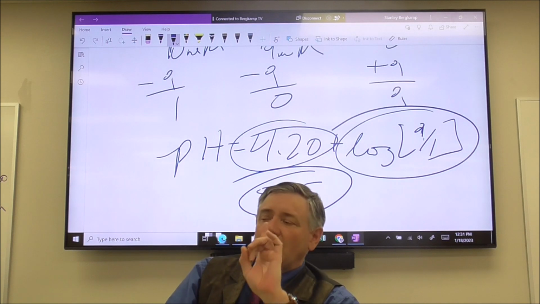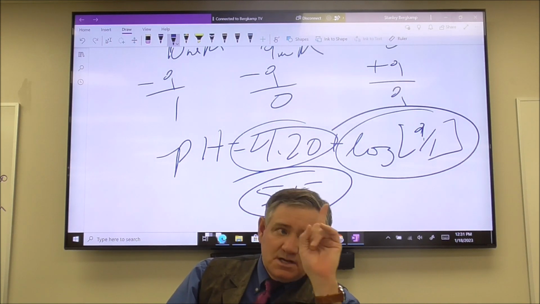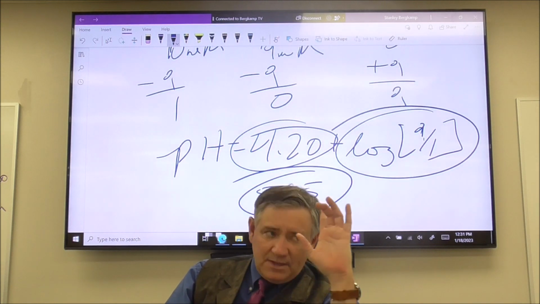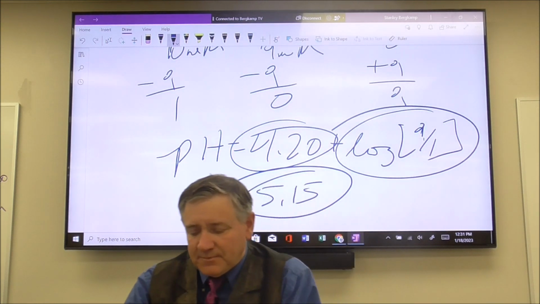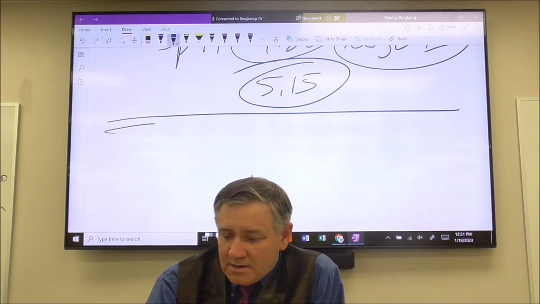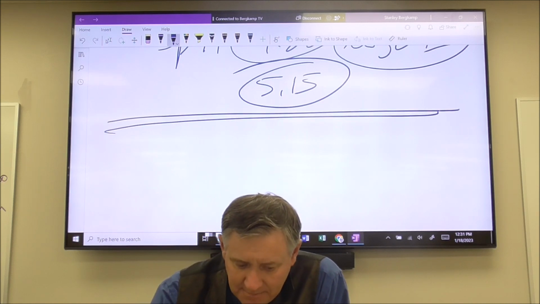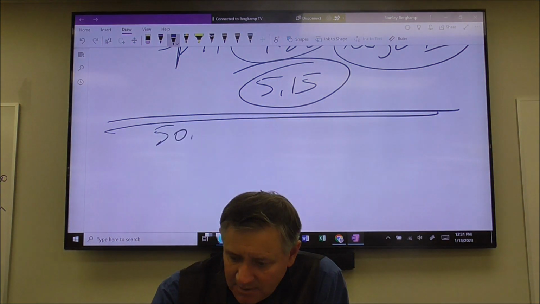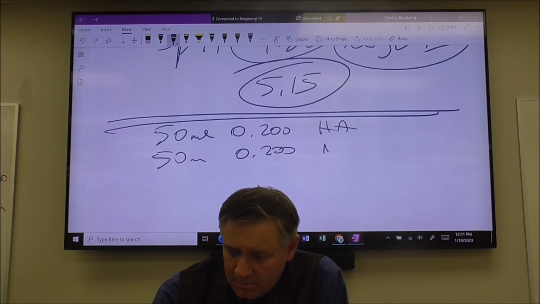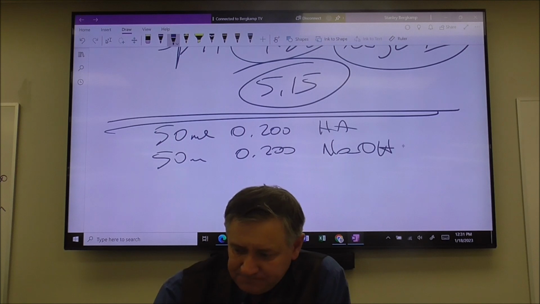Close. Now, here is the most complicated step, and you have to work three different steps on this next problem. So pay attention. At this point, I'm going to add 50 milliliters of my 0.2 molar benzoic acid, and 50 milliliters of 0.2 molar sodium hydroxide.